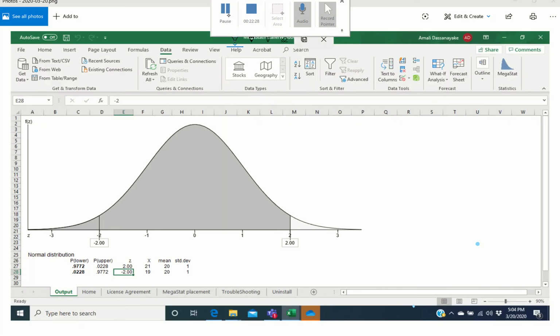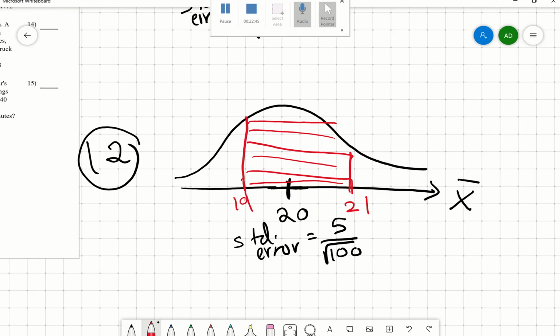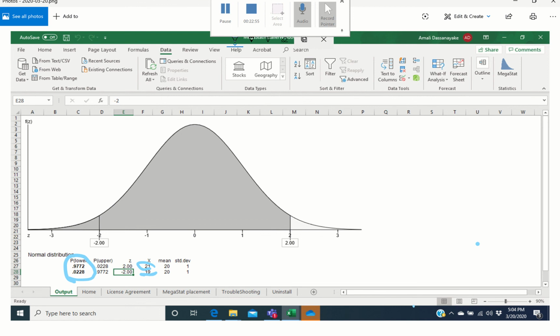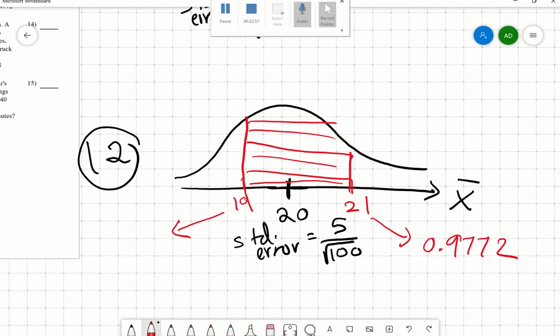Okay, so first you run it for 21 and then you run it for 19, and then you take the 2 lower readings. For 21 it's 0.9772, and for 19 it's 0.0228.